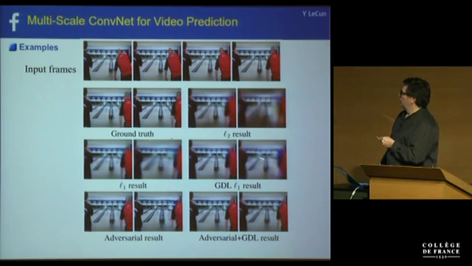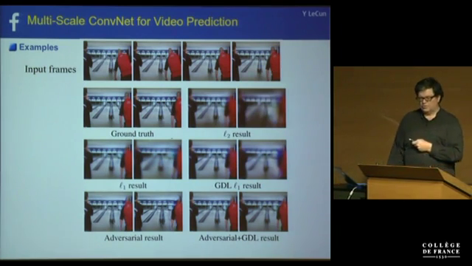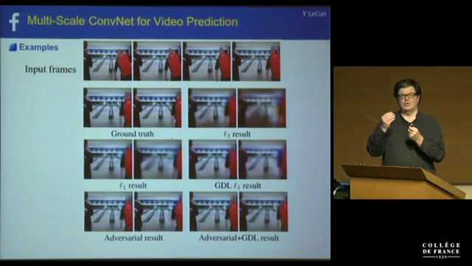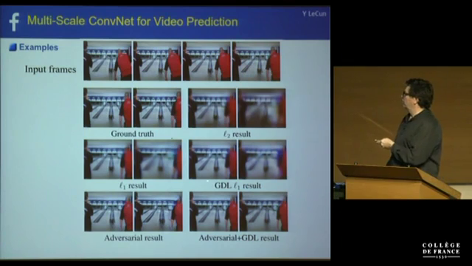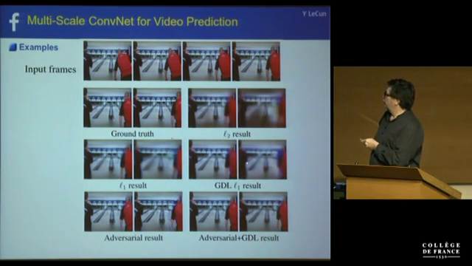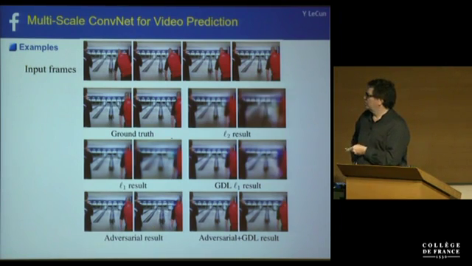A bit more robust, but blurry. Here we minimize not errors between different pixels, but the positions of the contours, edges in the image. This is what we call gradient difference loss. It still is blurry, and here adversarial learning is no longer blurry. It's quite good.